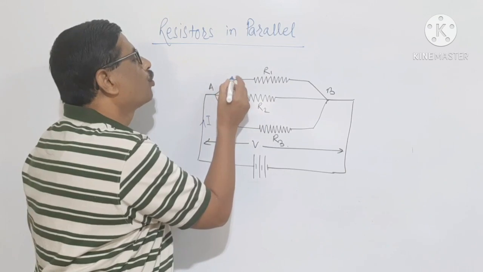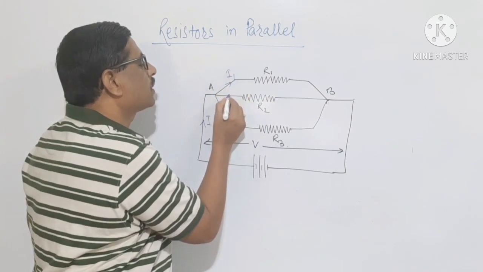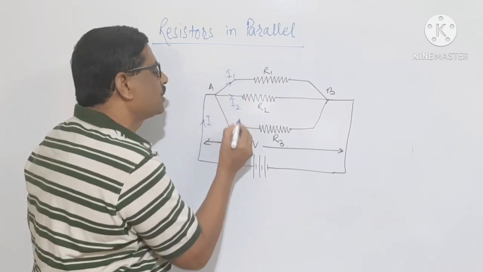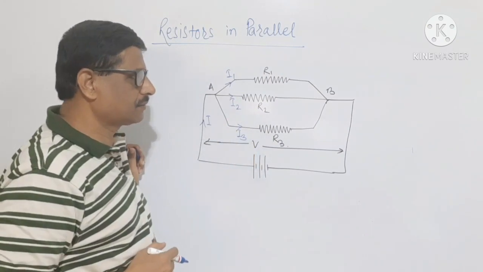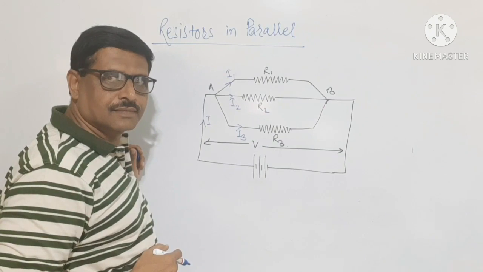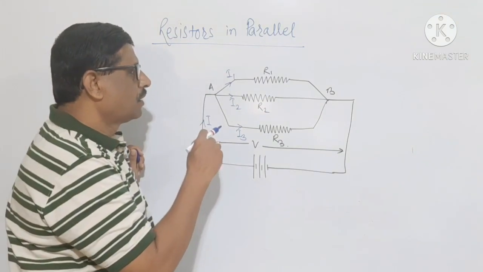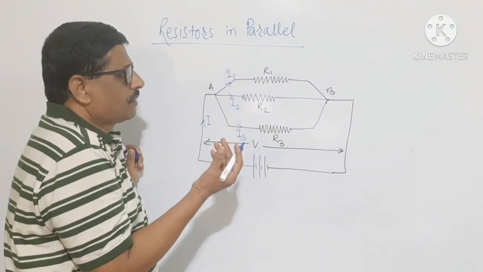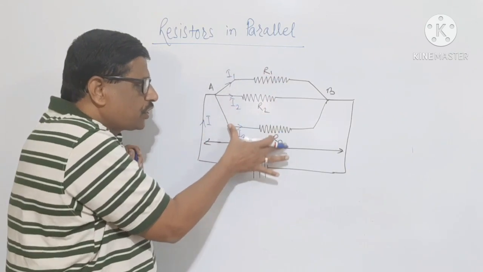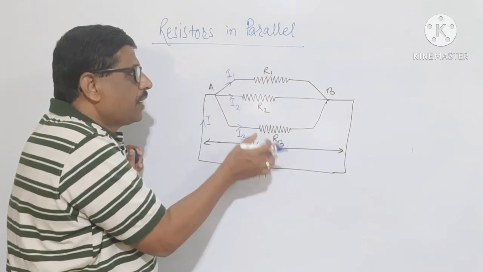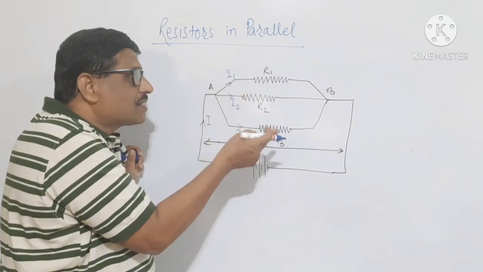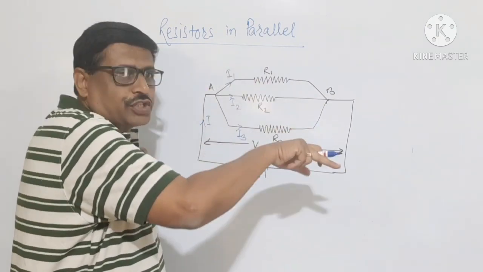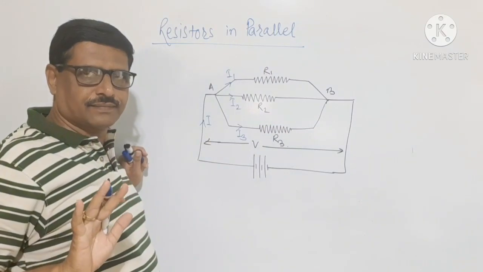The current through R1 is I1, through R2 is I2, and through R3 is I3. Obviously, the potential difference across each resistor will be the same. It means that the current through a resistor of higher resistance will be less.